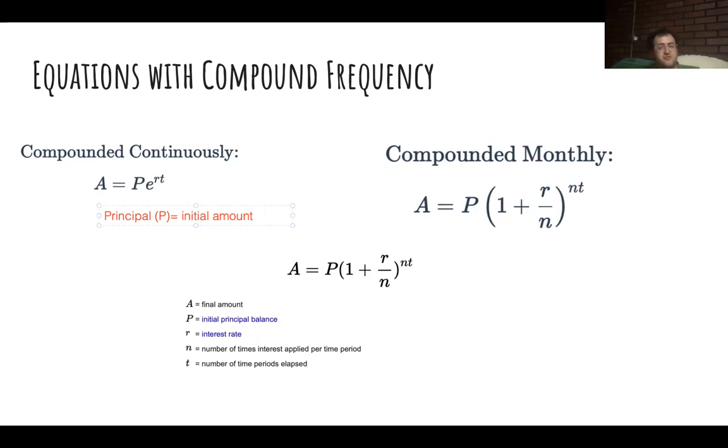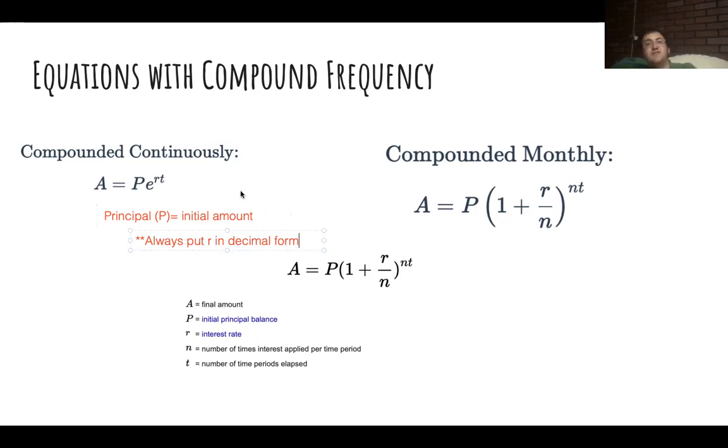Interest rate is interest rate no matter how you cut it. So always put your R in decimal form. N is the number of times that the interest is applied in the period.